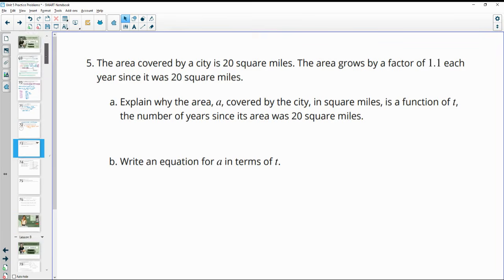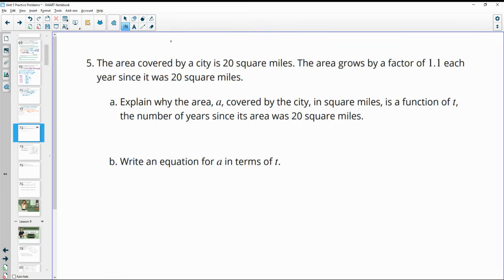Number 5, the area covered by a city is 20 square miles. The area grows by a factor of 1.1 each year since it was 20 square miles. Explain why the area covered by the city in square miles is a function of time, which is the number of years since it was 20.